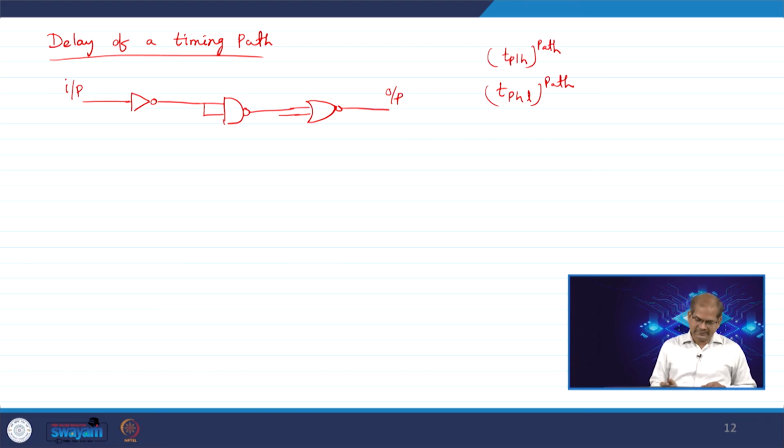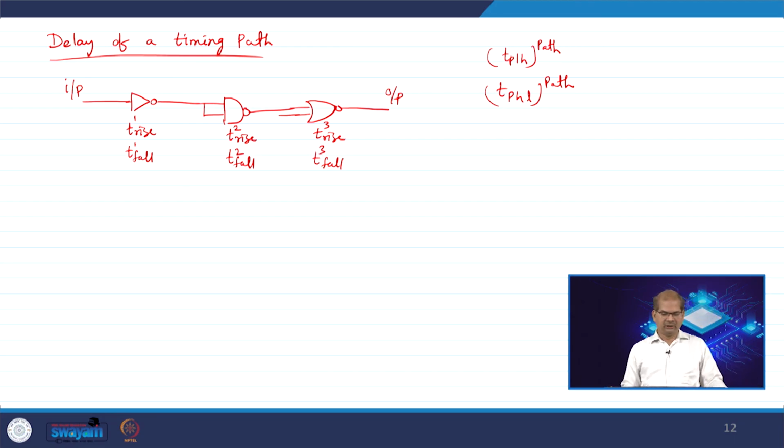Let us take some of the things I was talking about: T rise of 1, T fall of 1, T rise of 2, T fall of 2, T rise of 3 and T fall of 3.